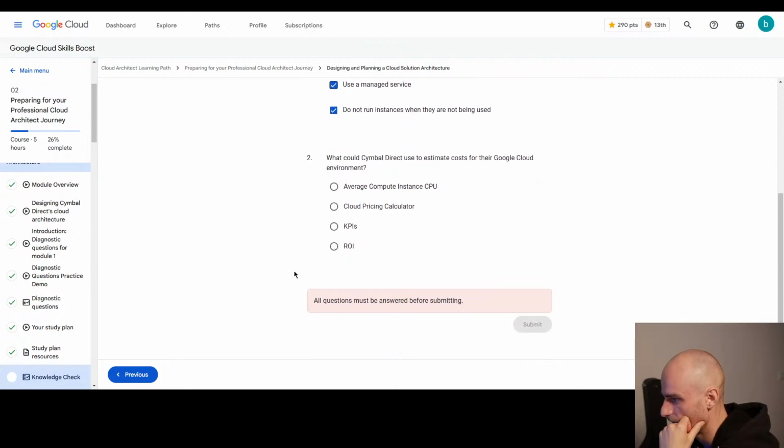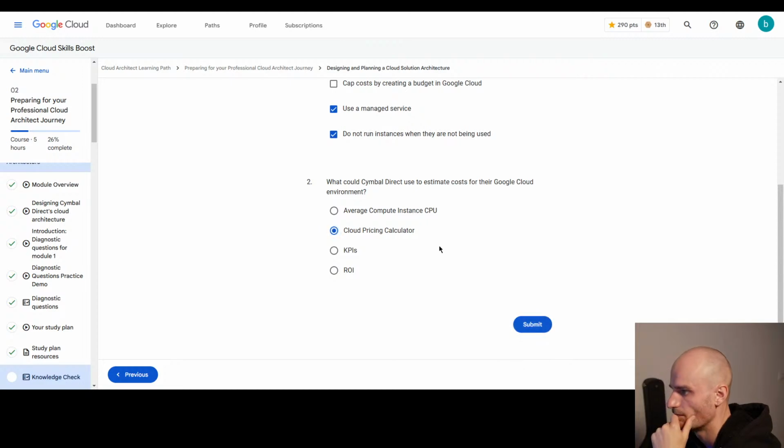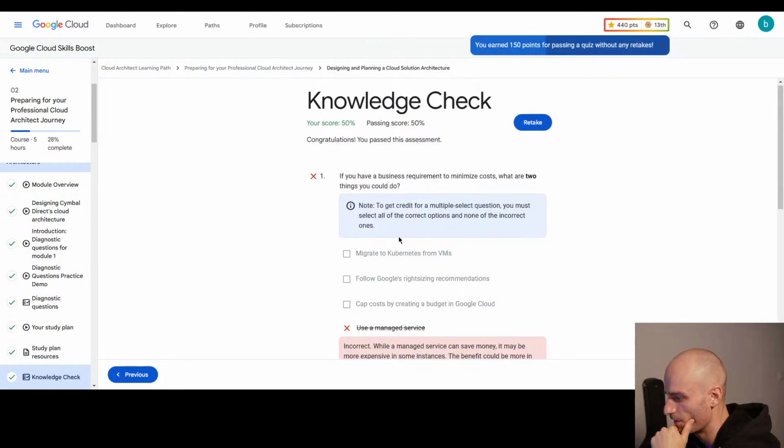What could Symbol Direct use to estimate cost for their Google Cloud environment? Oh shit.